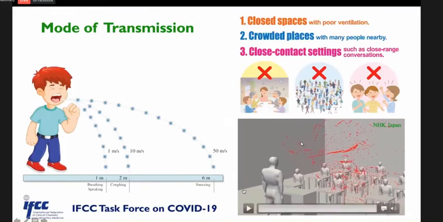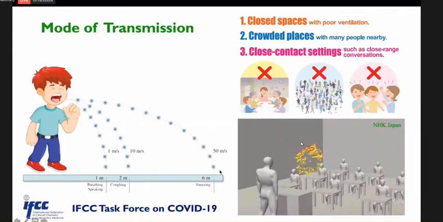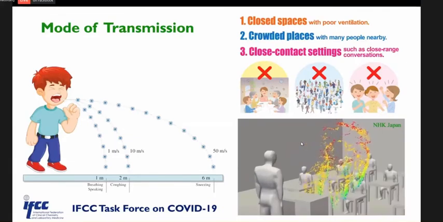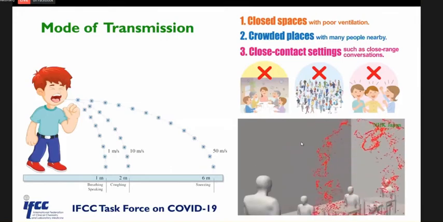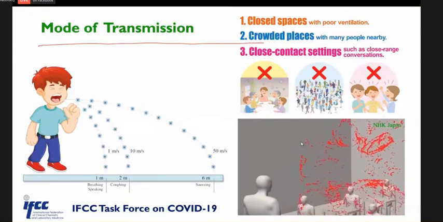As we can see in this simulation, microdroplets generated during sneezing or simply talking can remain floating in the air for hours and spread throughout a closed space. Therefore, wearing masks can decrease the production of microdroplets, and opening windows in a closed space for a few minutes every hour can also decrease the risk of transmission considerably.